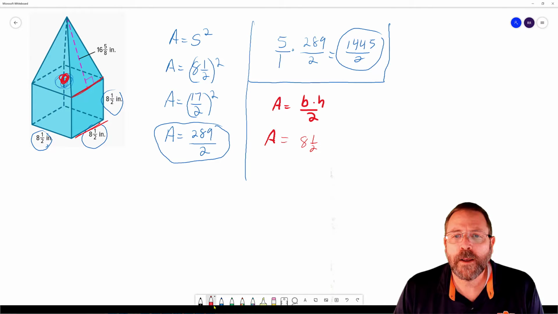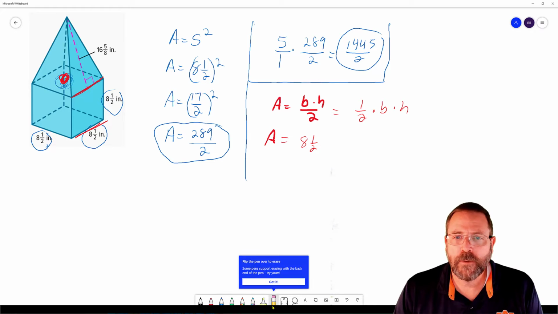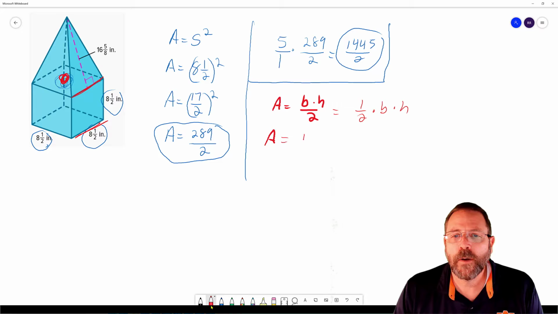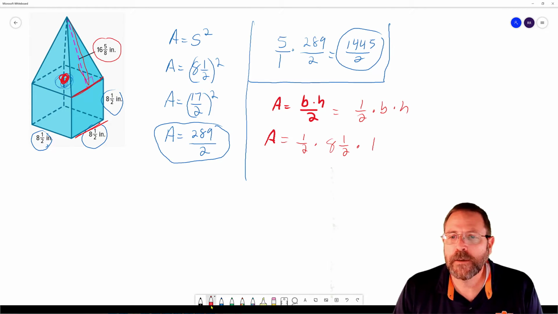And you know what? I'm using fractions, so instead let's use a fraction version that says 1/2 times base times height, which means I'm going to erase this real quick. I'm going to throw in my 1/2 first, times the base we said is going to be 8 1/2, times the height. That's this distance right here, which is 16 5/8.